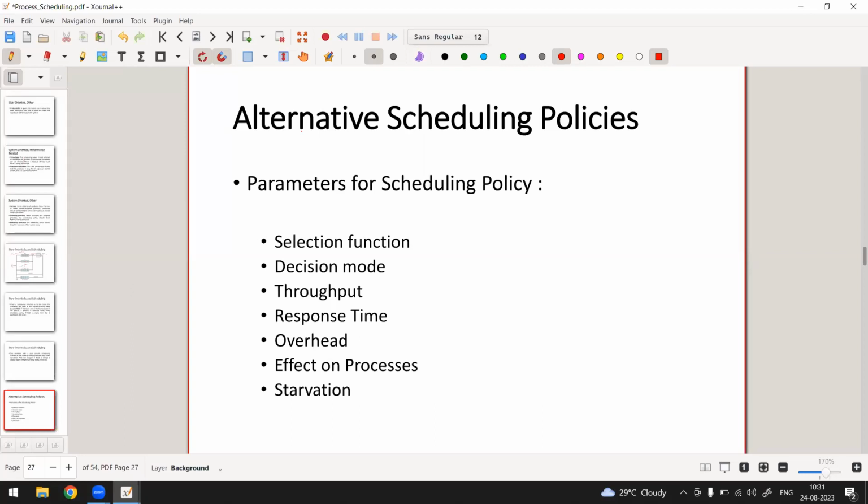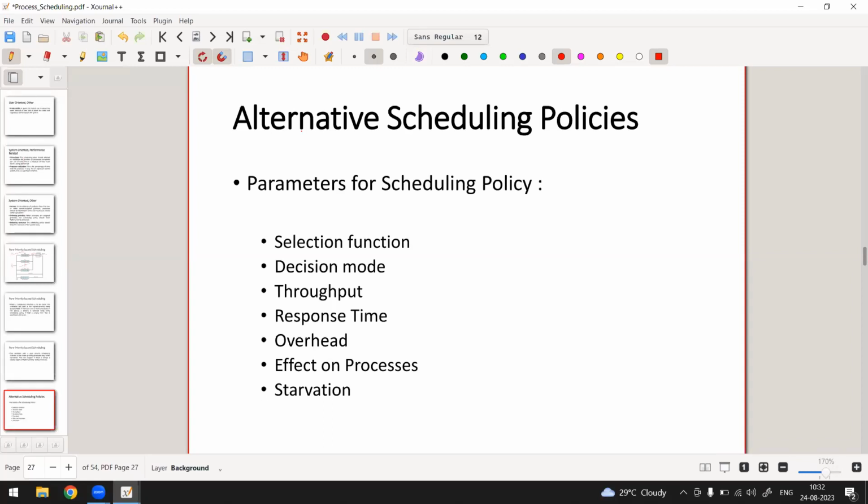So selection function means which process should be selected. Decision mode is, we will see, preemptive and non-preemptive. Throughput means amount of work done, the number of processes executed in the unit time. Response time means the time it takes to get the first response.